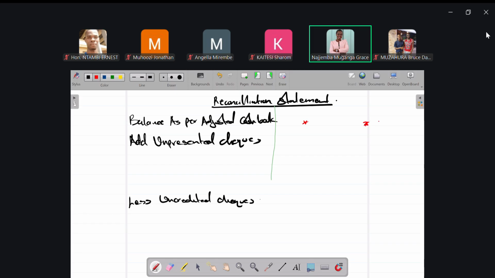Now, in the reconciliation statement, we look at the cash book and see which items are unticked. They are the items we are bringing here. And we said unpresented, they are coming from the credit side to the reconciliation. Then the items on the debit, those are the uncredited checks. Just follow the word uncredited.